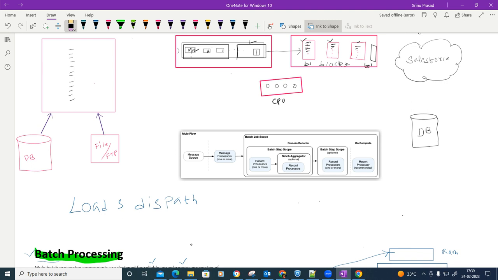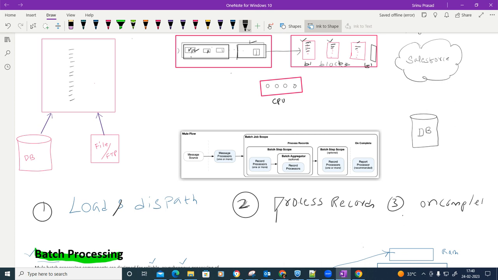The second phase, where actual processing happens, is the process records phase. And the third phase is the on complete phase.